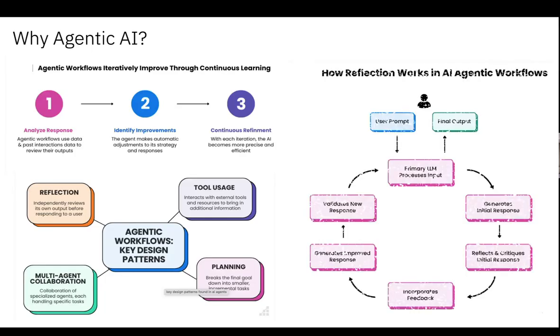How do you break it up into meaningful tasks, and how do you plan for them? In the interest of time, I'm just going to talk about the reflection workflow design pattern, where user provides a prompt at the top in the blue box. Once it gets an input, the agent first generates an initial response and uses a model to reflect and critique on the initial response it's generating itself.